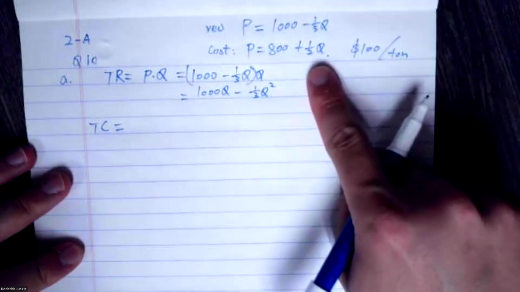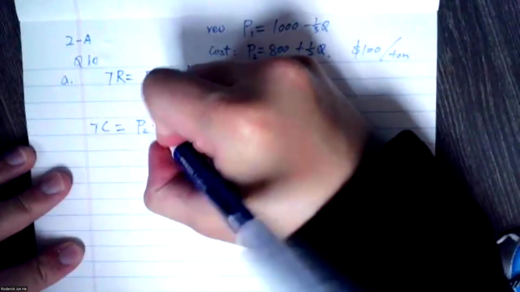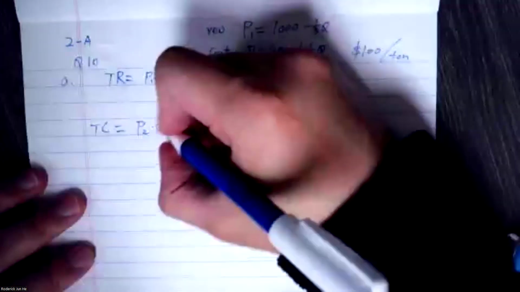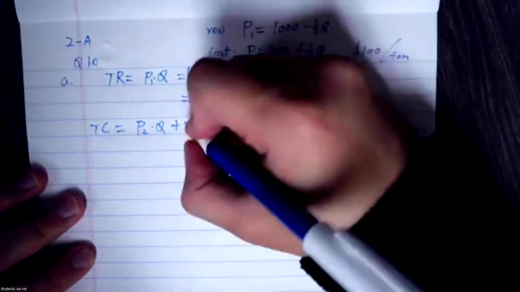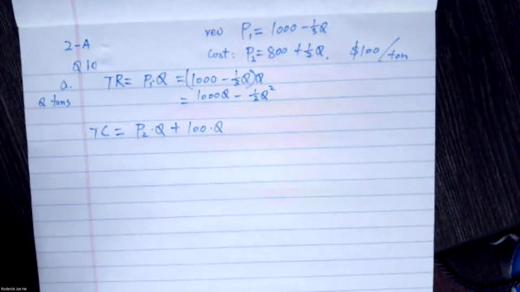One is the cost of raw material. Again, here we label it P1 and P2, so that's P2 by Q. And also a transportation cost, which is $100 per ton, and here we have Q tons. That's what the question tells us.